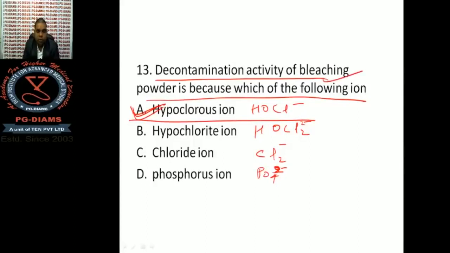What is the formula for bleaching powder? Bleaching powder is CaOCl2. What does bleaching powder do? It decontaminates. It kills all the bacteria present in the water mainly because of its hypochlorous ion. This is the main decontaminant ion.